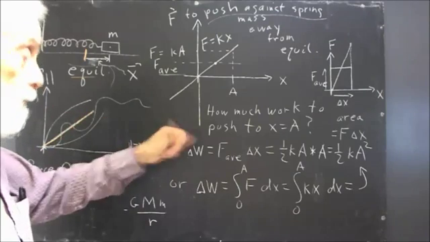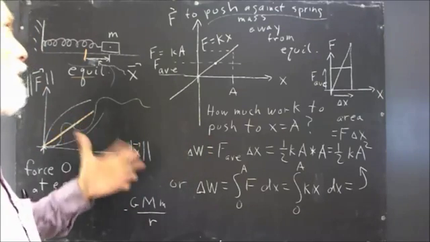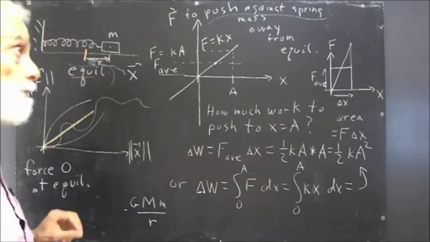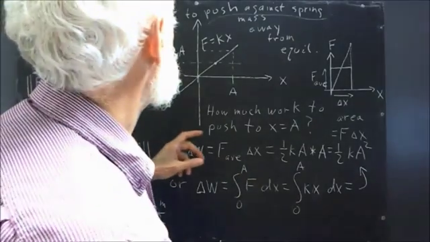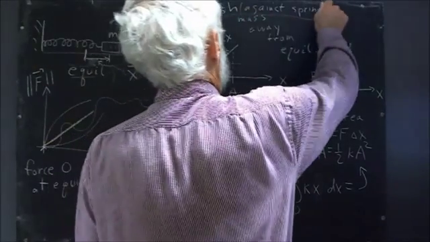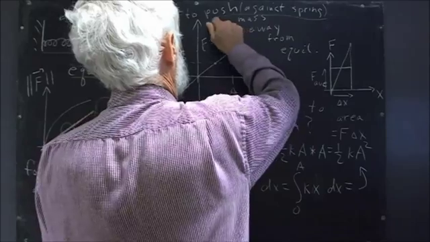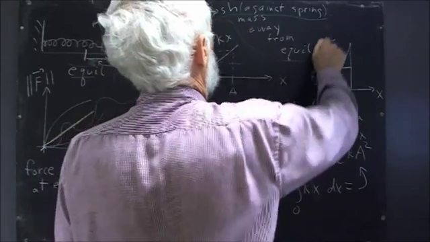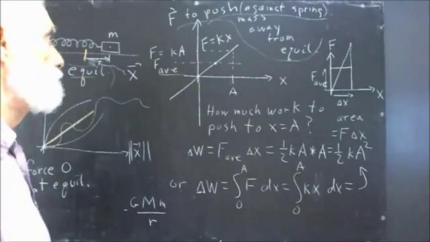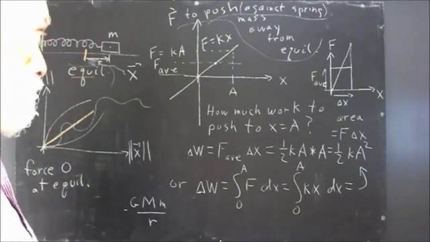So my force and the spring force have to add up to zero, so my force has to be equal and opposite to the spring force. It's the force to push the mass away from equilibrium, force exerted against the spring.